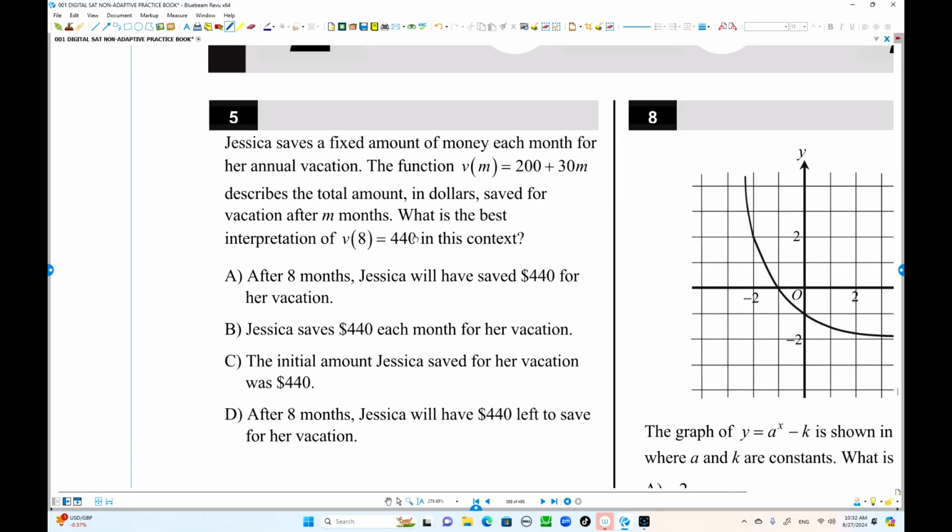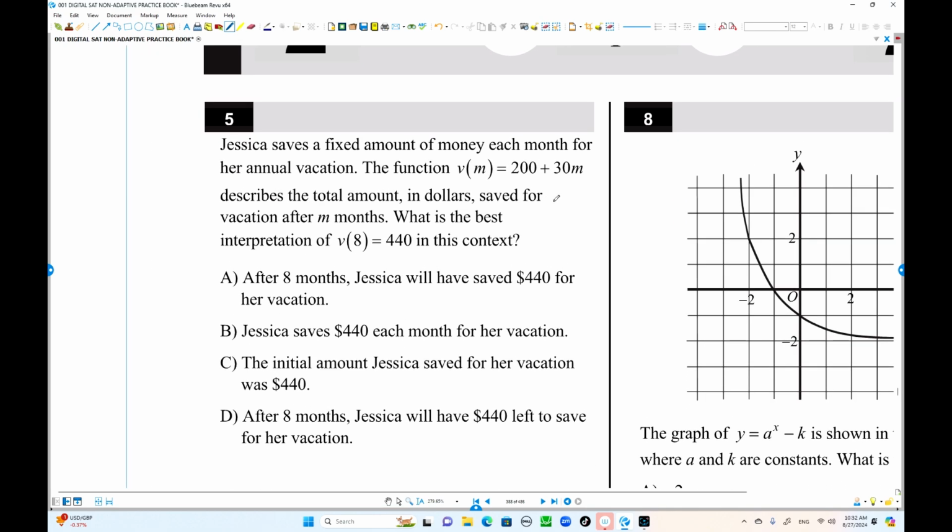All right, number 5. So we have an equation, BM over here. B equals what, the total amount. And what is the M? M is the number of months. So this is a total amount saved for vacation. Okay, so we're going to interpret this one.